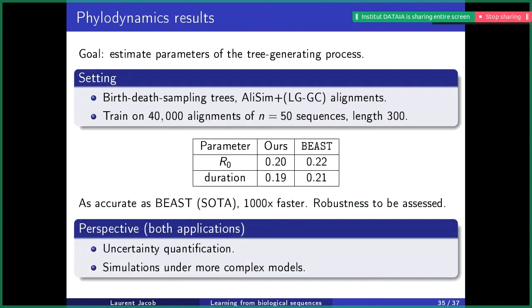That's the first result we have for phylodynamics, where we don't reconstruct the tree, but we just predict R0, for example. Here again, we have a birth-death sampling tree, because we assume that we don't observe all the possible sequences, we just observe some of them. Then we evolve sequences again on that. We train again on alignments, this time sets of 50 sequences.